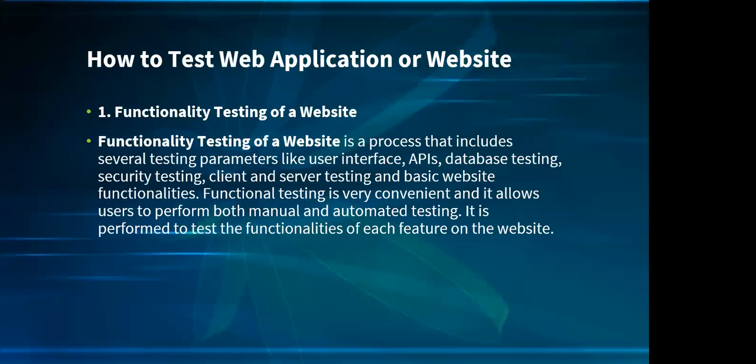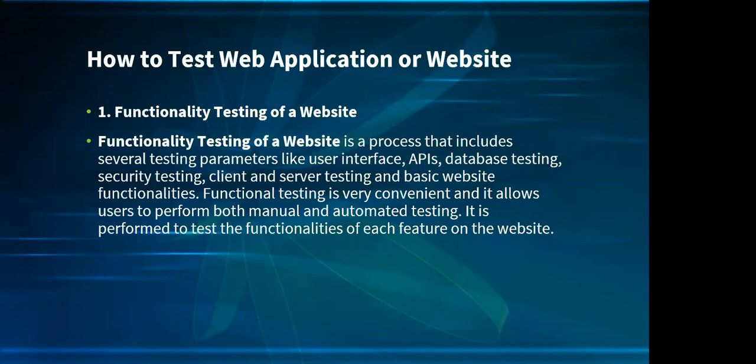So functionality testing is a process that includes several testing parameters, like the UI, that's the user interface, APIs, application program interface, database testing, security testing, client and server testing, and basic website functionality. Talk about the search, the submit, the login.